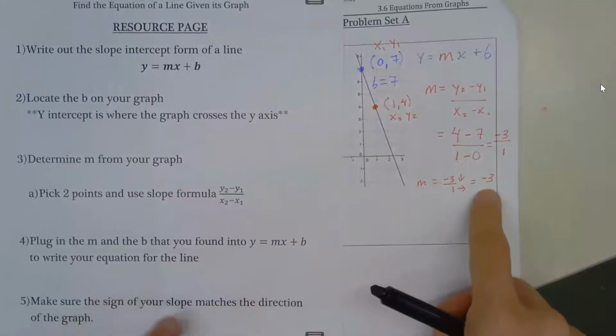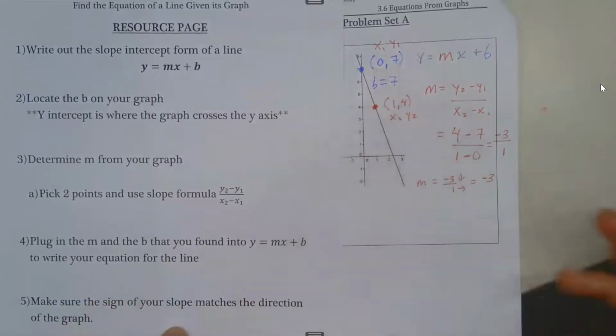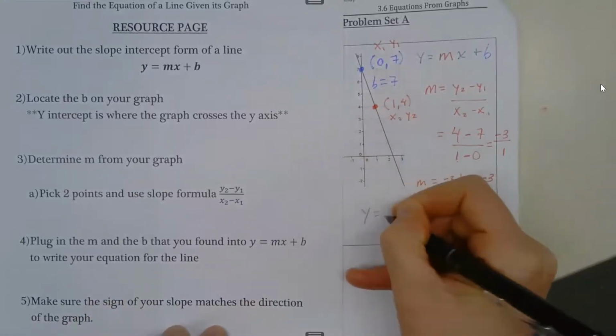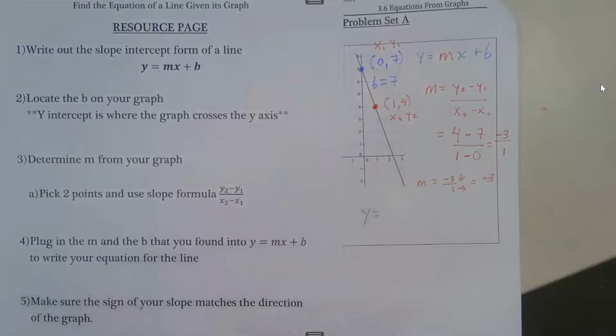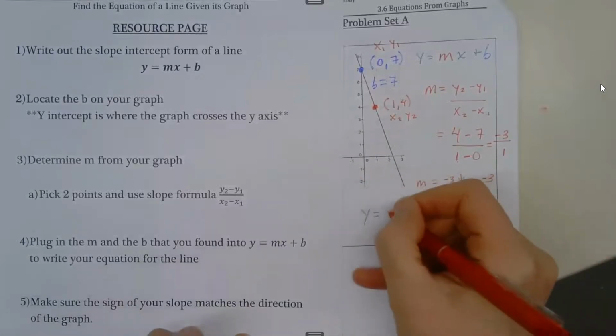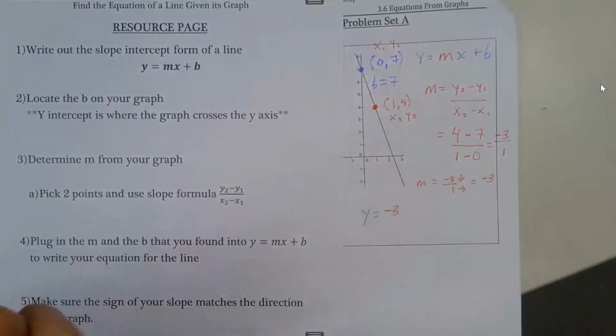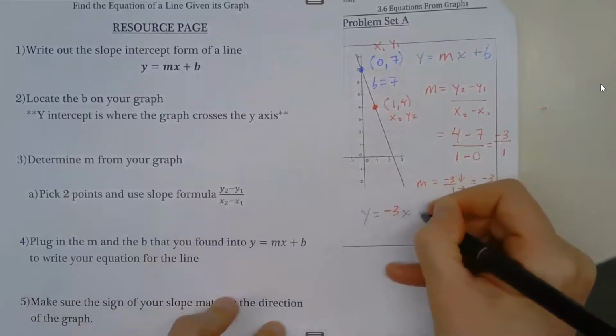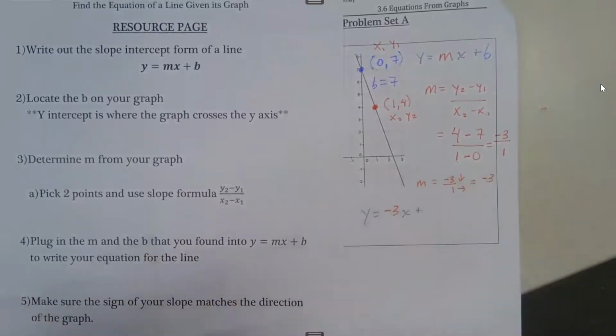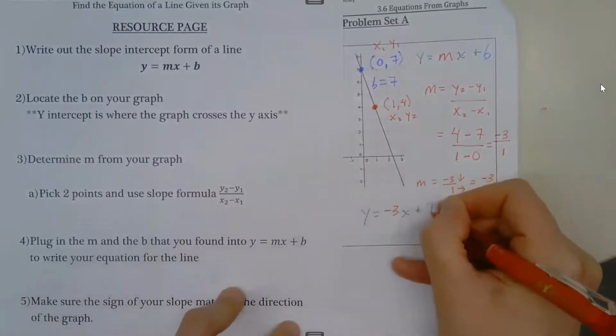Now I know my m and I know my b. So let's rewrite y equals, m is -3, multiplied by x plus my b value is 7.